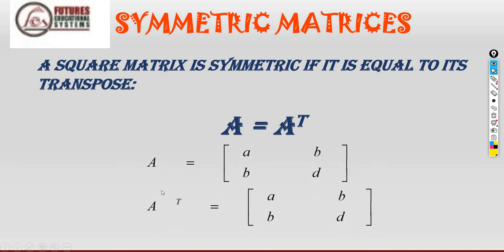Like that, if we have matrix A, B, B, D, the transpose is the same. The main diagonals A and D, and this element equals this element.